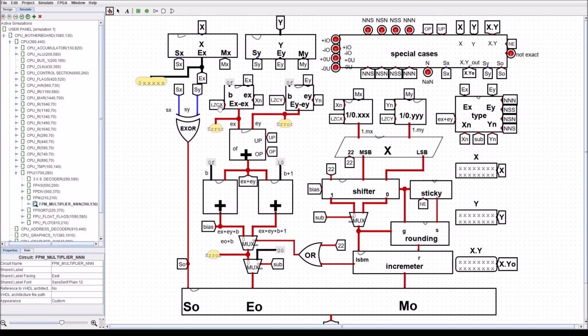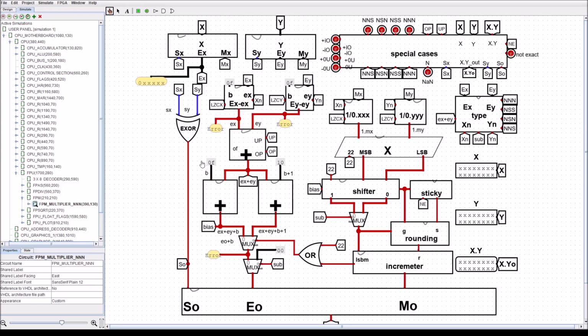We've got the exponent values here, so the exponent values come in here, and at this point we are subtracting off the bias to give us the unbiased values, and then we're going to do the addition, and we split this into 2, and we then add the bias back on.